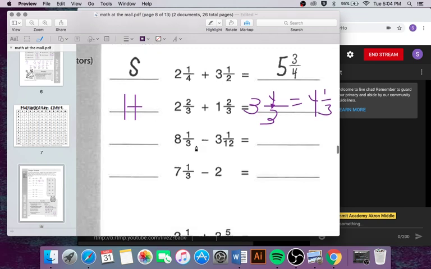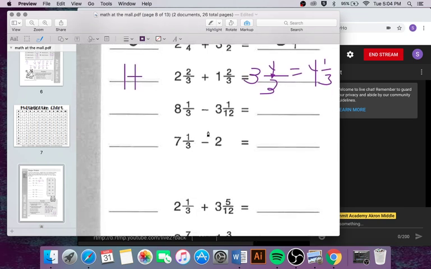Okay. Down to our next one. For our denominators, we have 3 and 12. So the first thing we're going to do is change these to improper fractions. So you're going to multiply 8 times 3, which is 24, and then you're going to add 1, which is 25.